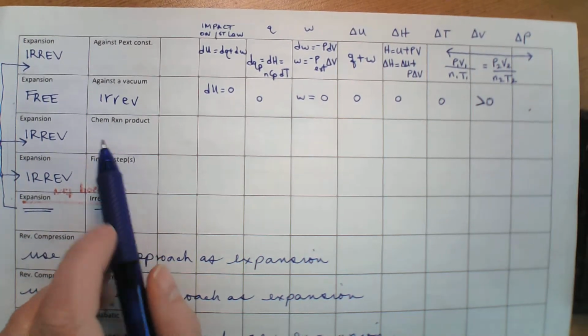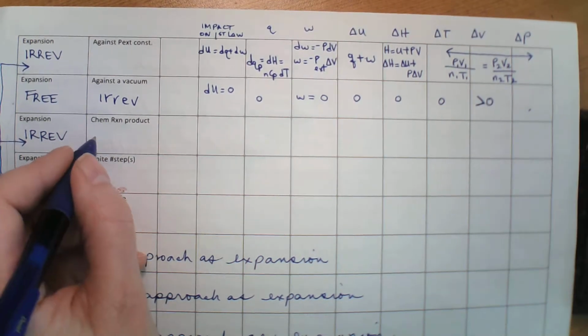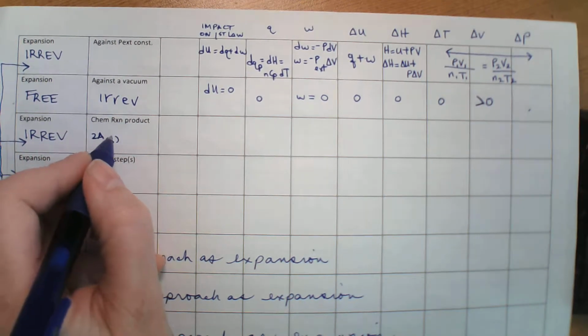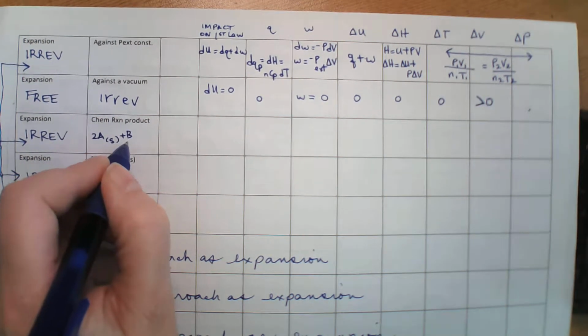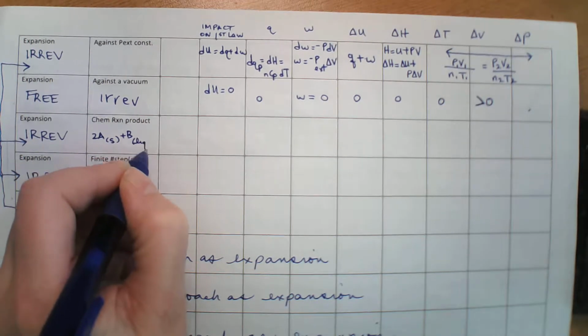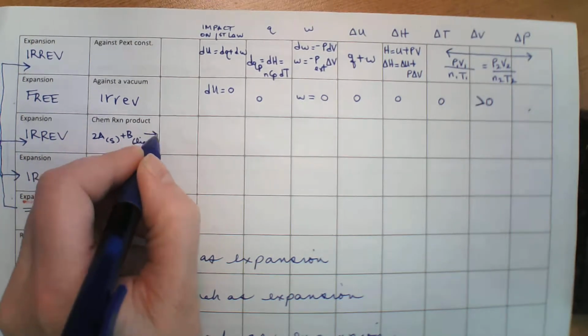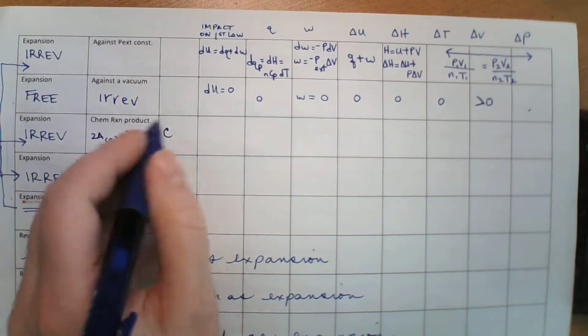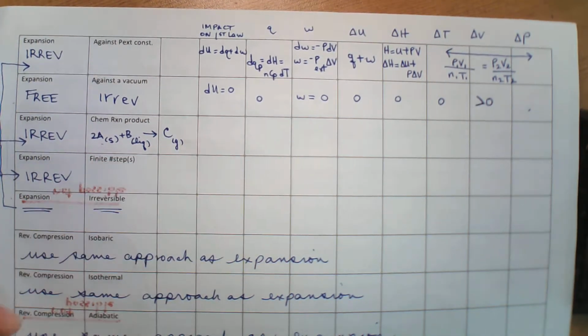When we have a chemical reaction product, like for example, say 2A solid reacts with B, and we'll make it heterogeneous. There's no gas over here, but it makes a product gas.